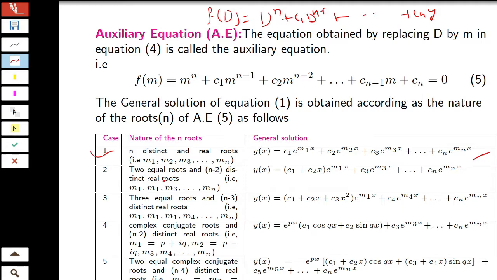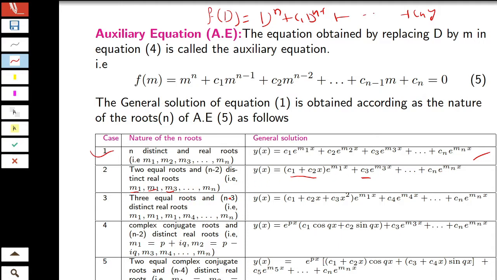Suppose two roots are equal, m1 repeated 2 times, then the third one m3 and the remaining are real and distinct. The solution is, since it is repeated 2 times, we write c1 plus c2x into e power m1x, plus c3 e power m3x, and so on.